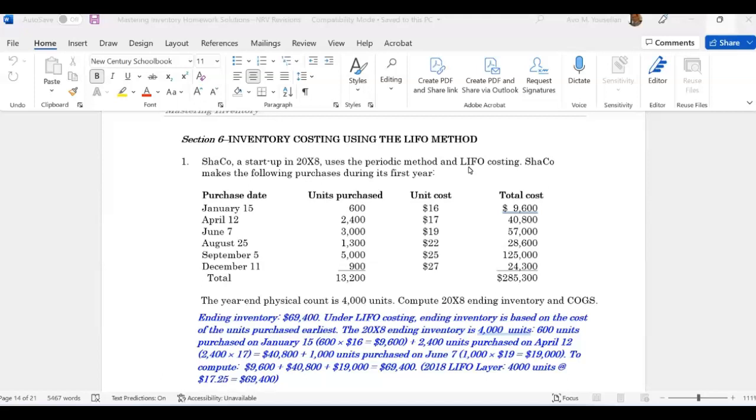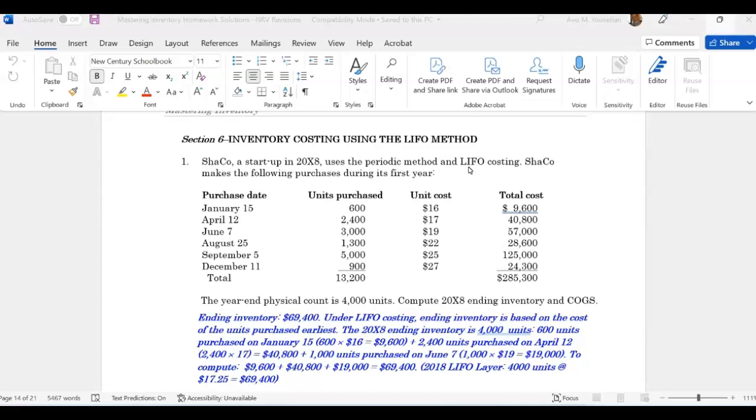So last in, first out. And we are going to use periodic method. So normally under LIFO method, we don't use perpetual. So if a company is using LIFO, that means they are going to use periodic method.